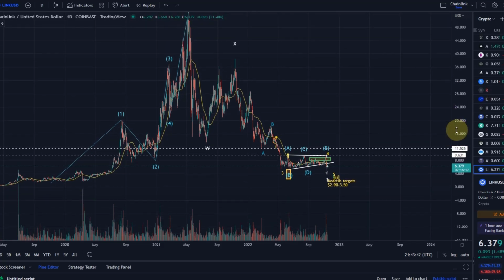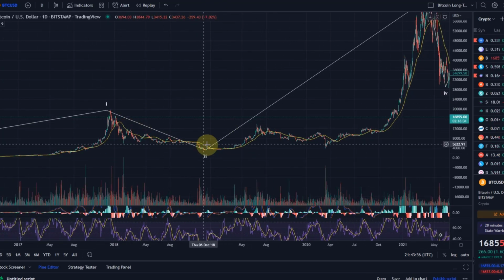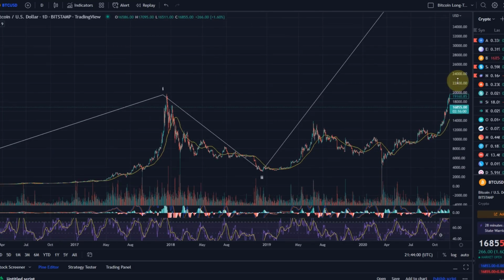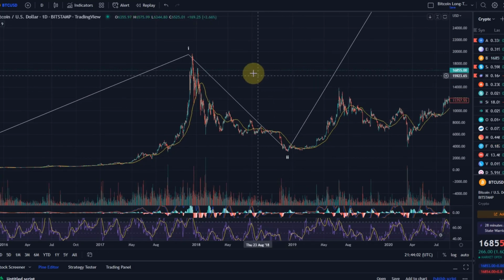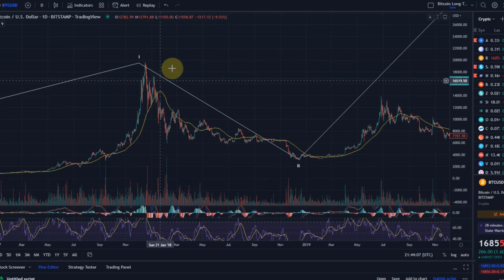One of my viewers and subscribers, MN Steady, asked me if I could take a look at a pattern from Bitcoin in the last bear market, which was 2018, 2019, where the chart also made something very similar. As you know, with Elliott waves, it's all fractals and chart patterns repeat themselves.